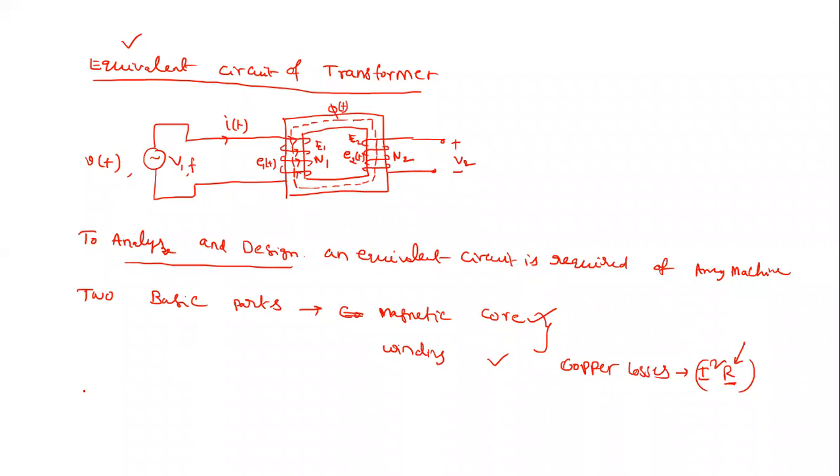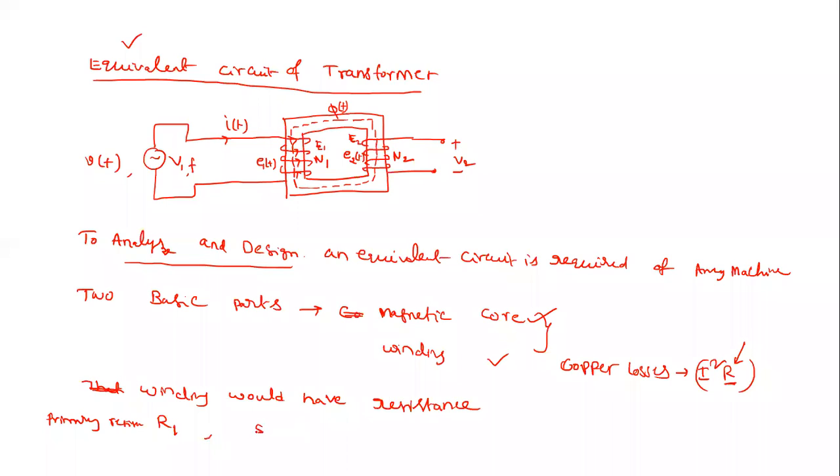We have windings in a transformer, and the winding has resistance. On the primary side, that is the primary resistance, let me call it R1.